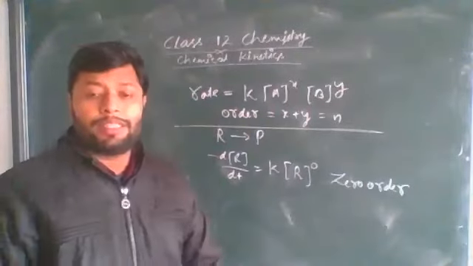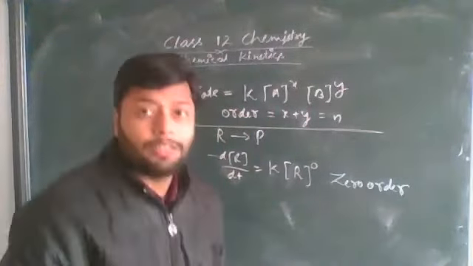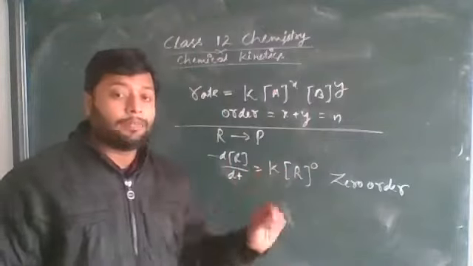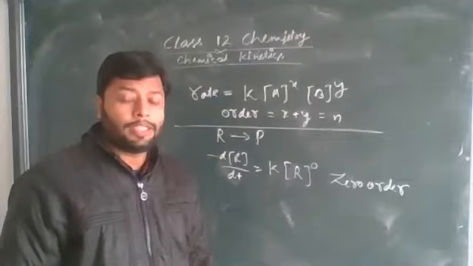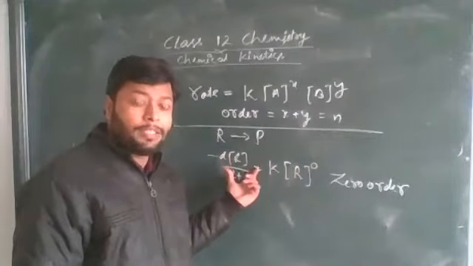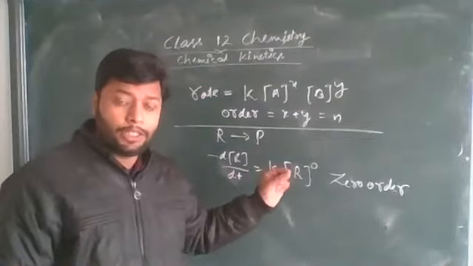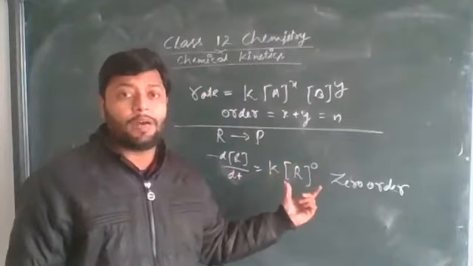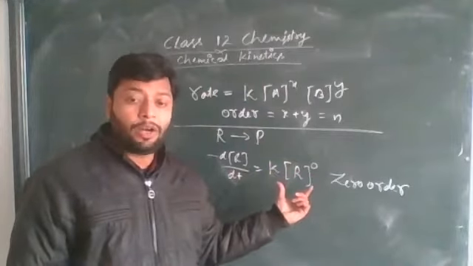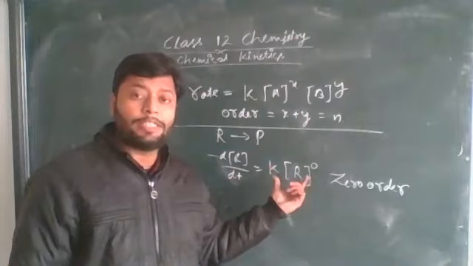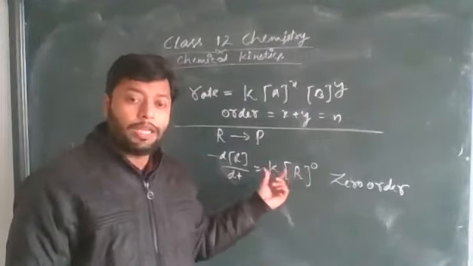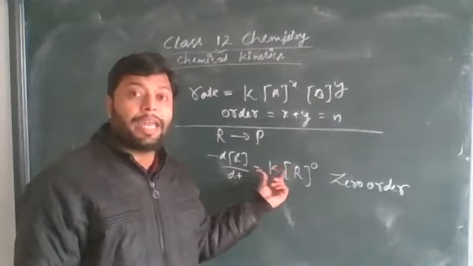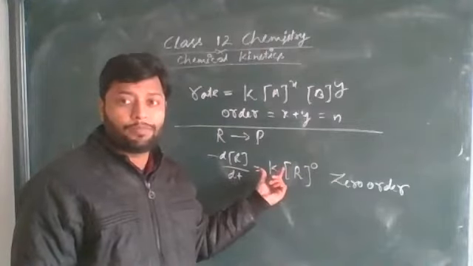At the same time, you should learn the unit of the rate constant value. Zero order reaction means the rate of reaction is independent of the molar concentration of reactants, because the molar concentration of reactants is raised to the power 0, and you can calculate the unit of k, the rate constant.